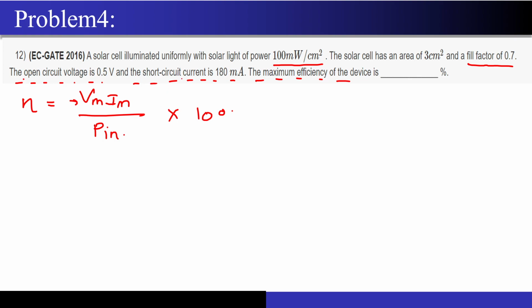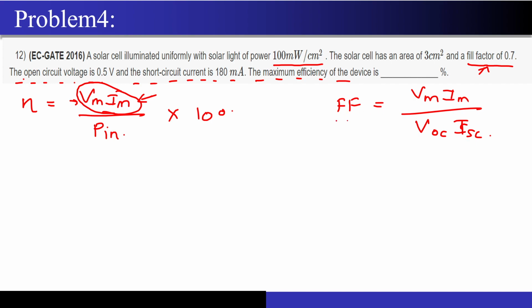I have to do some work to find it. Can I use some other formula which will give me the product of Vm into Im? One more thing is given, the fill factor. What was the fill factor? The fill factor was nothing but Vm into Im upon Voc into Isc.